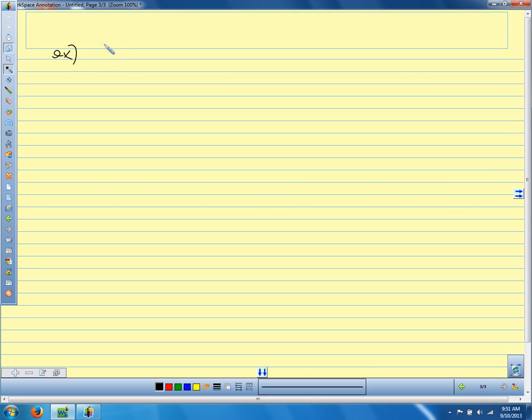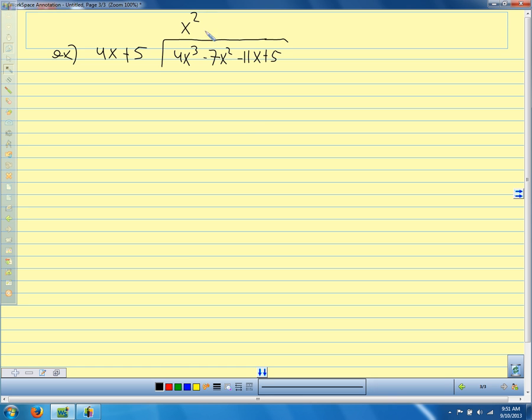So a lot of times people get worried when they see something like this, 4x plus 5, and I'm just going to do the division here. 4x cubed minus 7x squared minus 11x plus 5. All right. So what's the first thing that goes on top here? X squared.